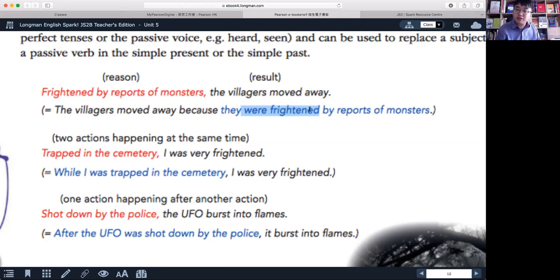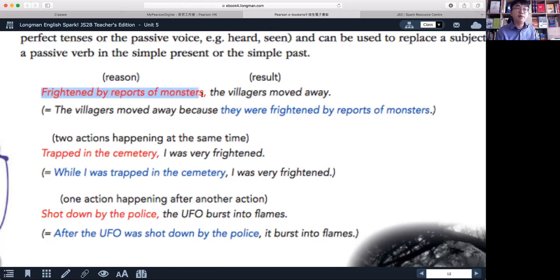So how do we change it? So for the past participle clause, the first word is, of course, the past participle. So frightened, okay? Remember, you do not have to include the subject, just like how you form present participle clauses. So this is why the first word of this clause here is frightened, the past participle.